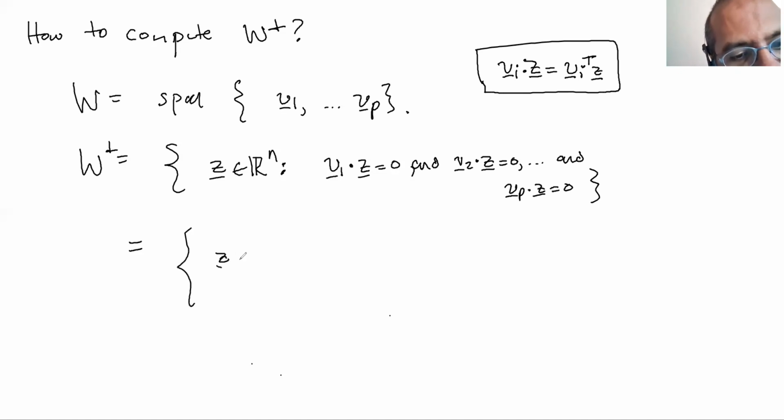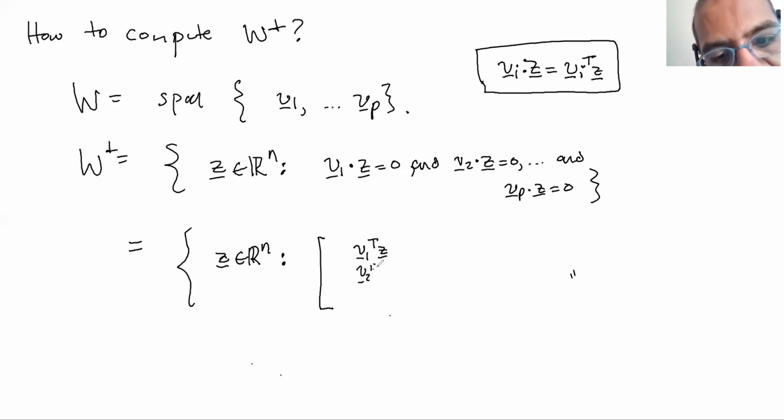This is the set of all Z in Rn such that, putting all of these in a vector, U1 transpose Z, U2 transpose Z, all the way up to UP transpose Z, equals 0, the zero vector.